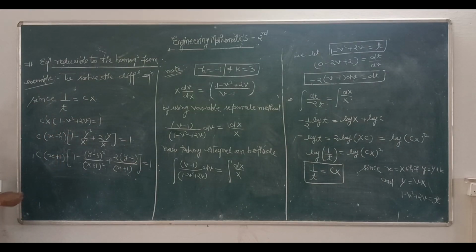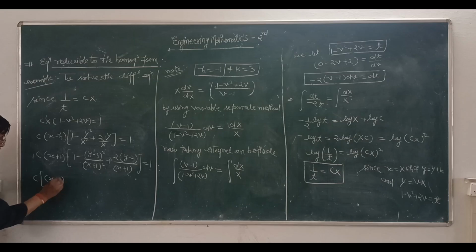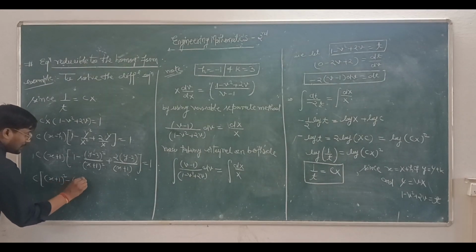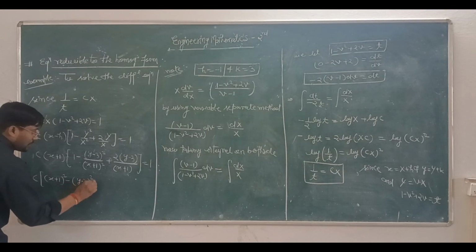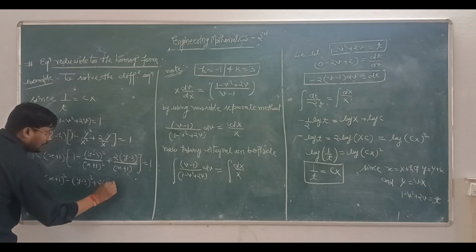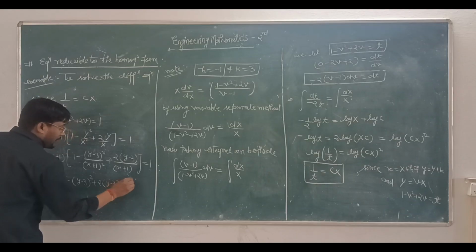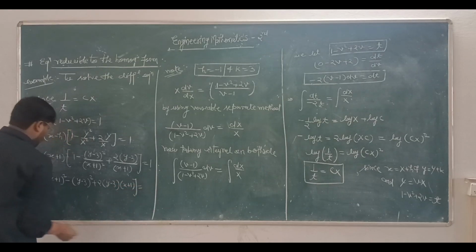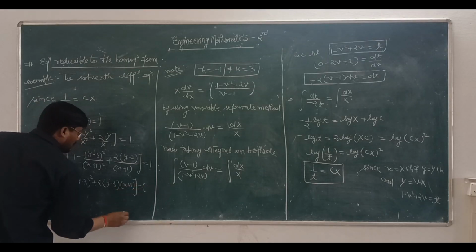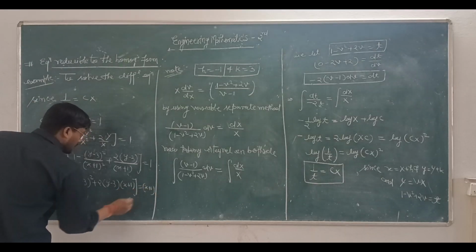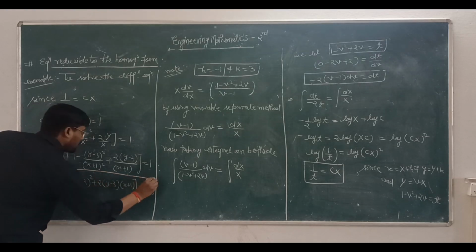Now you can write c times (x plus 1) to the power 2 minus (y minus 3) to the power 2 plus 2 (y minus 3) into (x plus 1) to the power 1 is equal to x plus 1. This is a solution of the differential equation.